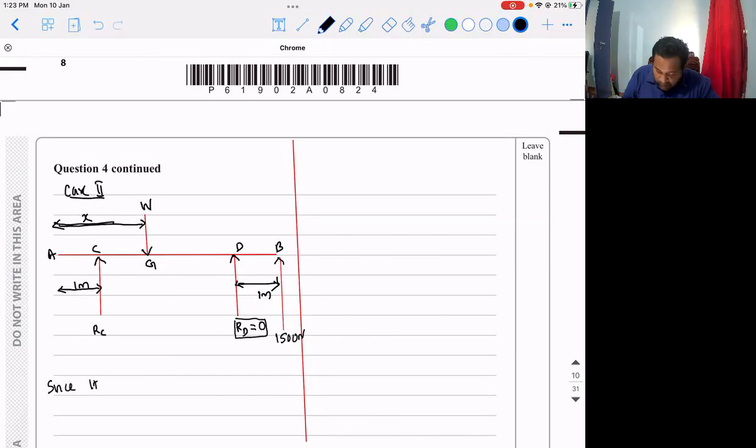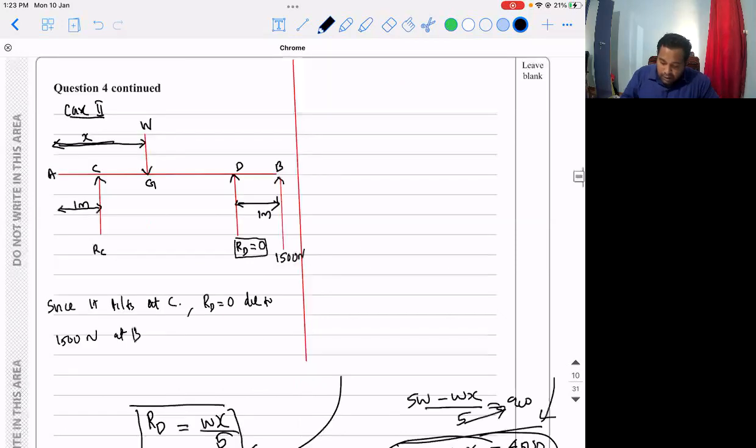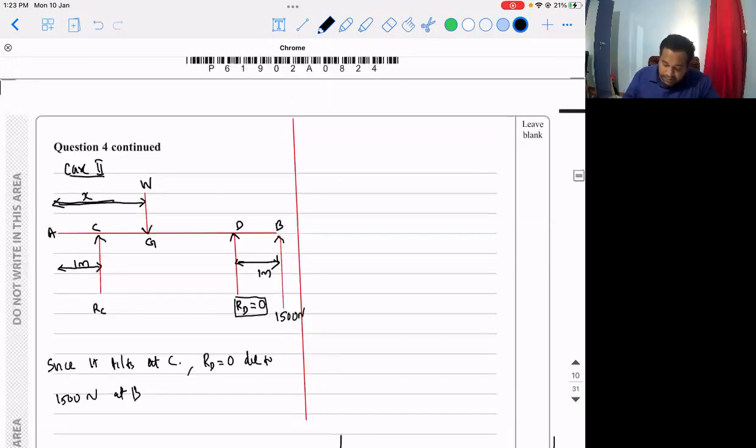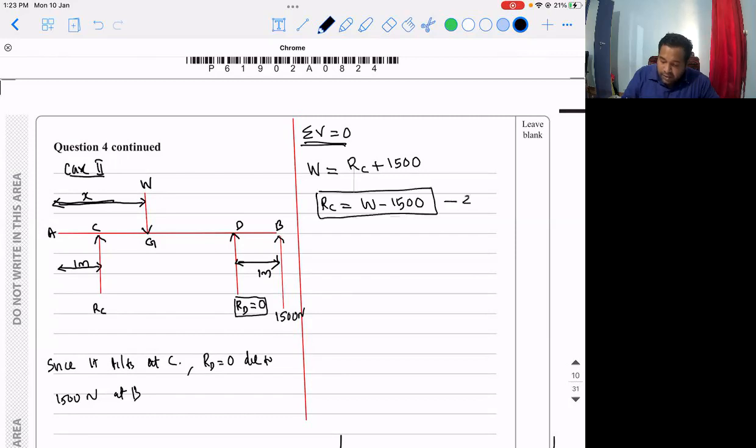Since it tilts at C, RD becomes 0 due to 1,500 Newton at the B. So same scenario works. What is that? The total vertical force is equal to 0. That means W is equal to RC plus 1,500. Or RC is what? Is that W minus 1,500? So that is equation number 2.